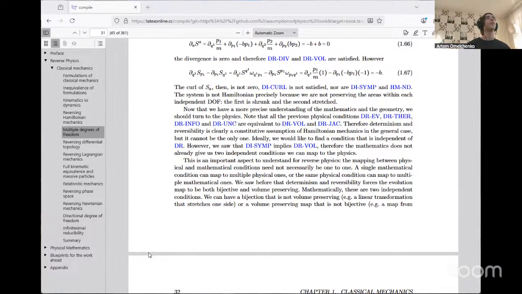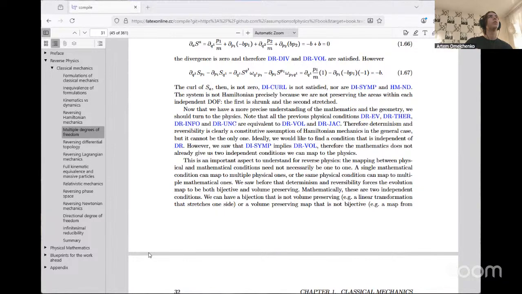Now that we have a more precise understanding of the mathematics and the geometry, we should turn to the physics. Note that the previous physical conditions, DR, EV, okay, let's remember what that was: deterministic and reversible evolution. EV for evolution. The next one was thermodynamic reversibility, right? And this one is preservation of information.